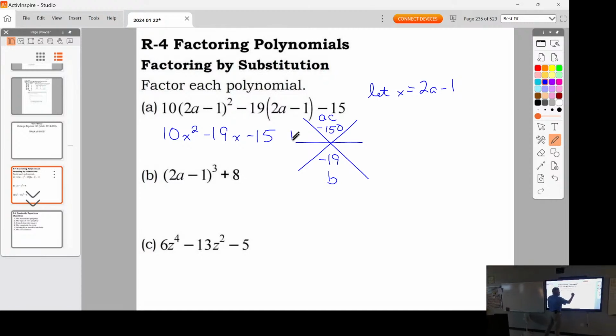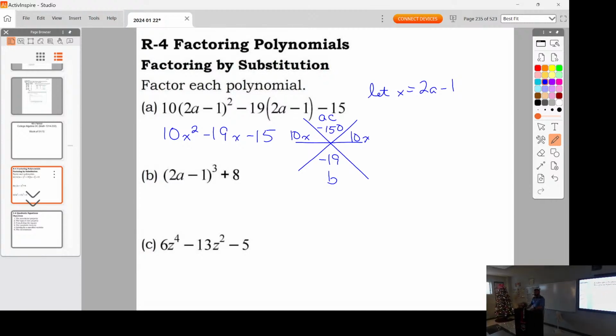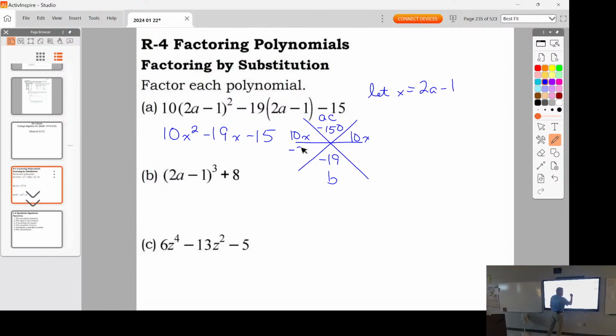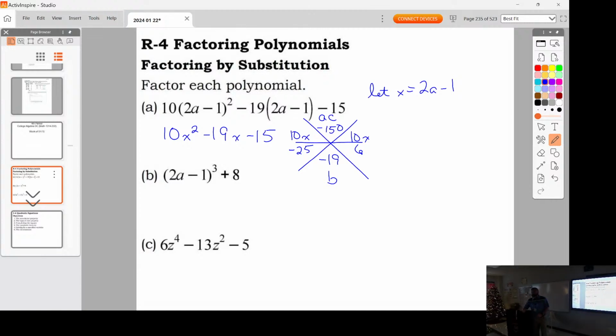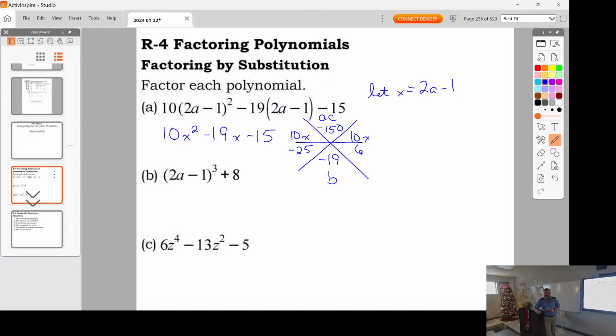Just 10x and 10x. And what goes in the last two? Negative 25 and 6. Because negative 25 times 6 is negative 150. Negative 25 plus 6 is? Do you remember?